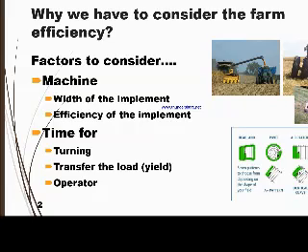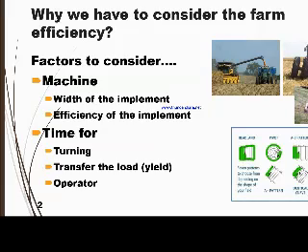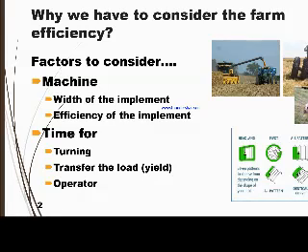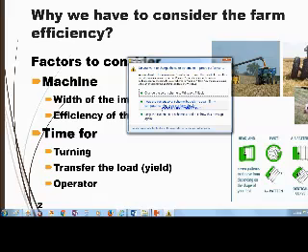In order to consider the factors for efficiency, there are two parameters that need to be concerned. One is machinery, which is first of all the width of the implements, which is going to cover different capacity of the machinery. Secondly is the efficiency of the implements.